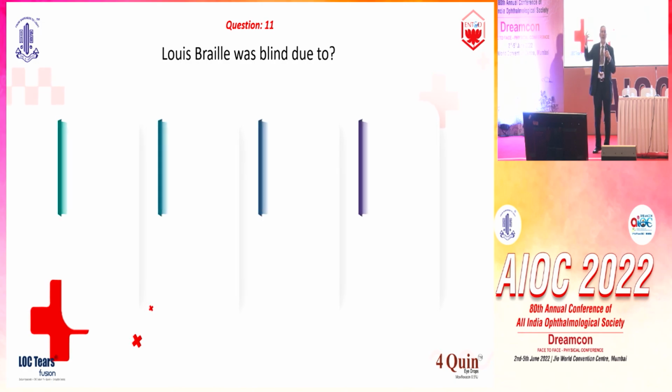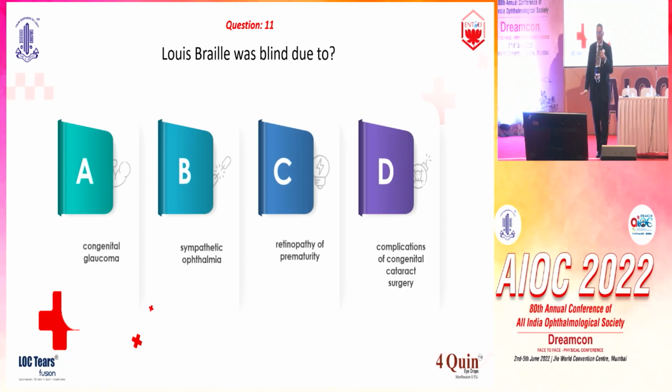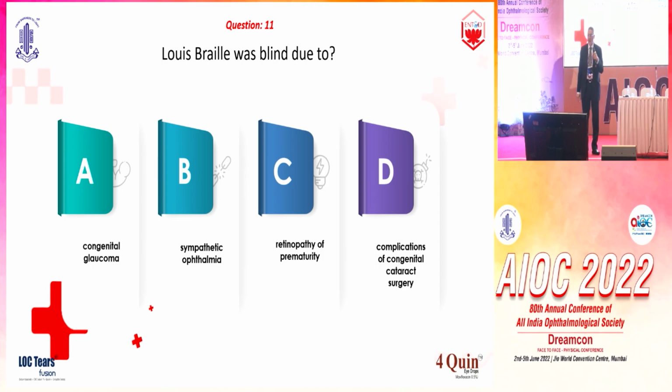Louis Braille was blind. Take it as fact. Louis Braille was blind due to glaucoma, sympathetic ophthalmia, retinopathy of prematurity, or complications of congenital cataract surgery. What did he become blind due to? And your time starts now. Louis Braille.